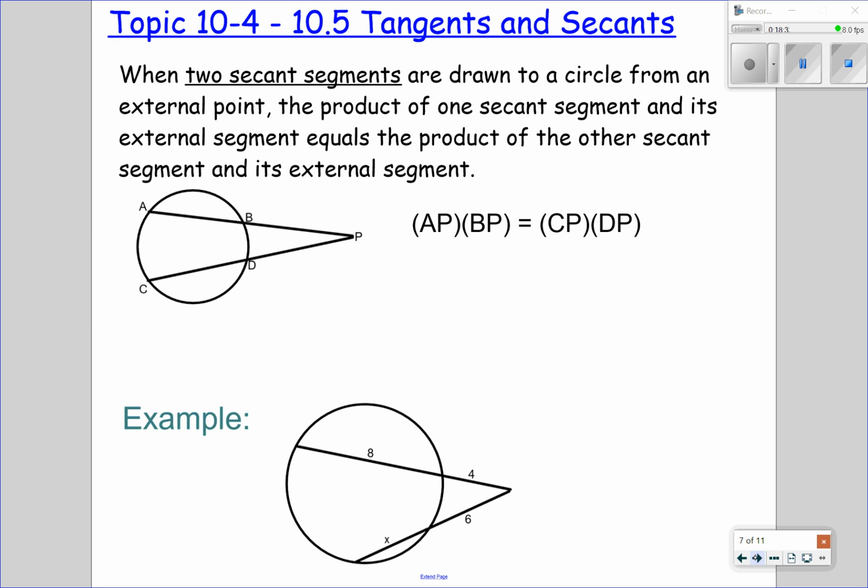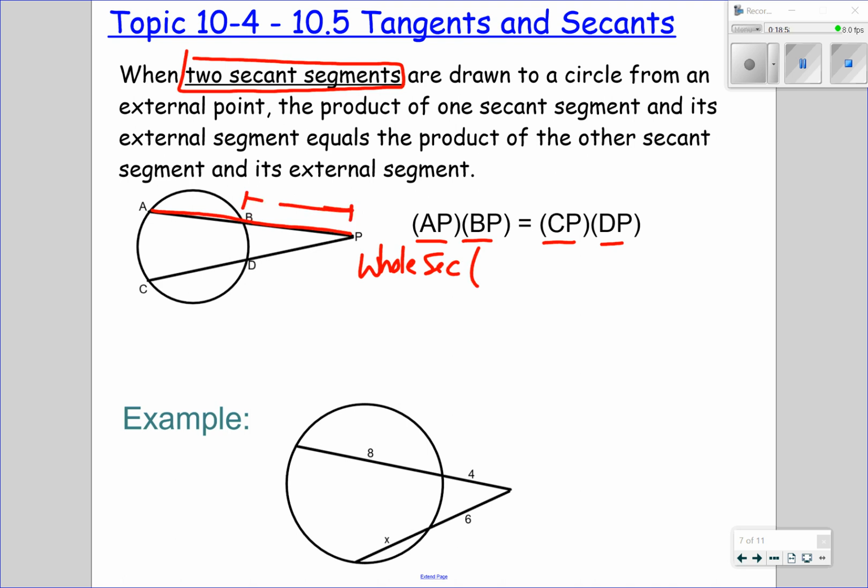So the first idea is when we have 2 secants that are intersecting, we can still find measurements of their segments. Now you can look at it as like length times length. I like to think about it like this. Whole secant multiplied by the outside piece.